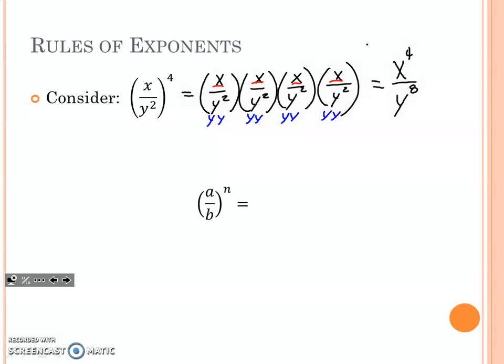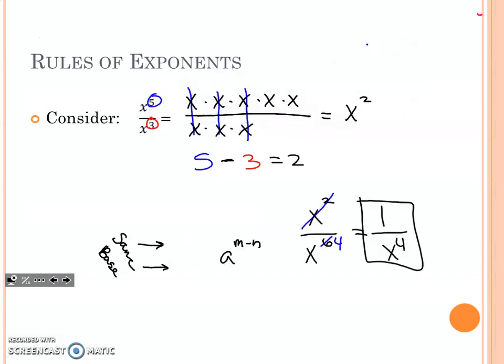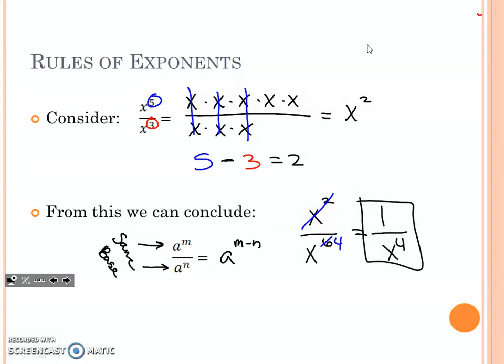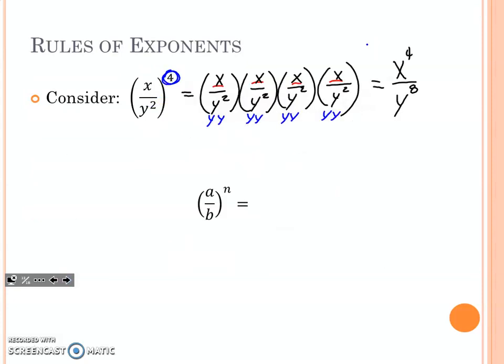So what you guys hopefully will see is that 4, just like on this slide back here, where that n distributed, the same thing will happen on this slide here. That 4 is going to go to the x, and it's still a power to a power rule. So 4 times 1 gives me my 4. That 4 is going to the 2. 4 times 2 gives me my 8.